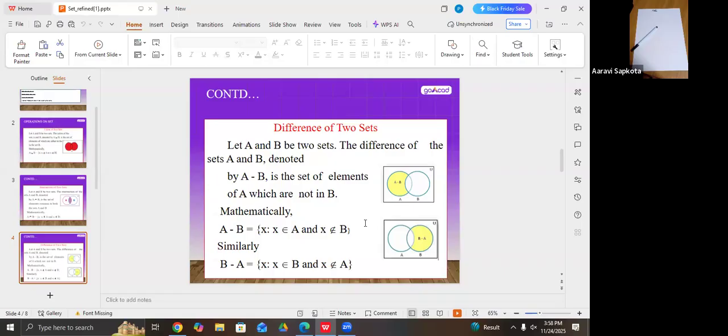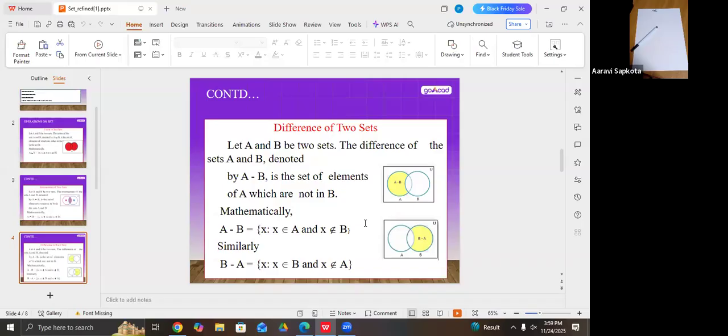or that is A मा भएका एलिमेन्ट्सहरुबाट कमन एलिमेन्ट्सहरुलाई रिमुभ गर्दाखेरि आउने सेट A minus B हुन्छ. त्यसैगरी B minus A भनेको set of those elements of B which are not in A. अर्थात् B मा पर्ने एलिमेन्ट्सहरुबाट कमन एलिमेन्ट्सहरुलाई रिमुभ गर्दा आउने सेट B minus A हो.